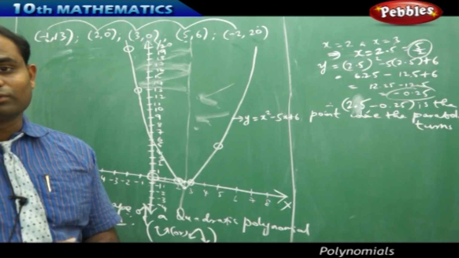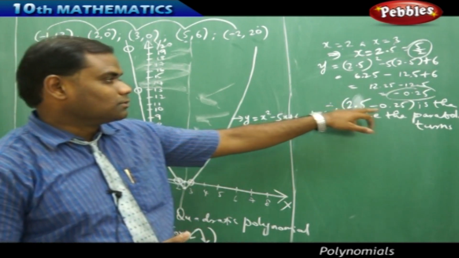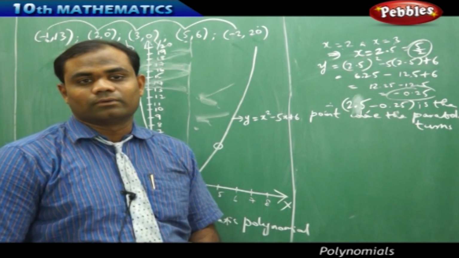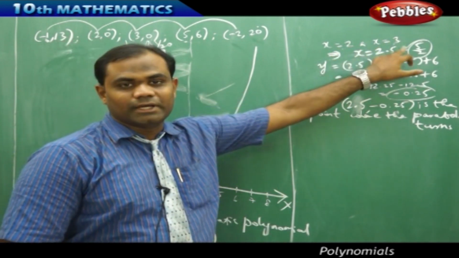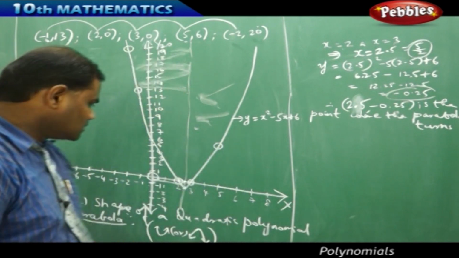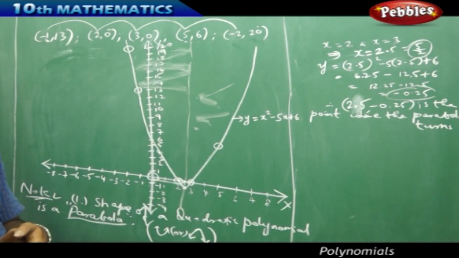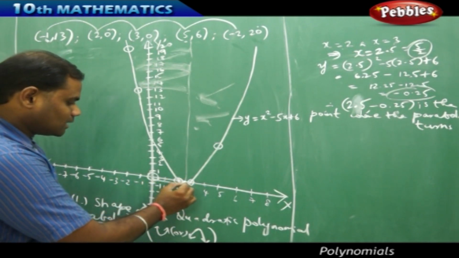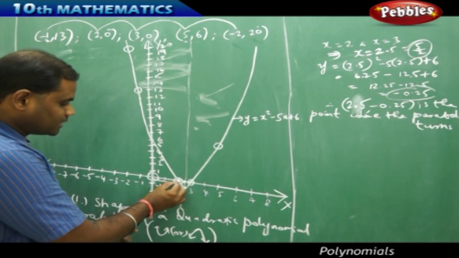of a quadratic polynomial. The turning point, which we call this, can also be found by taking the middle value of the x-intercepts and finding the corresponding y. So let's recap with x and y-intercepts. Now with this parabola, I clearly see that here the x-intercepts are 2 and 3, because the graph cuts at 2 and 3.